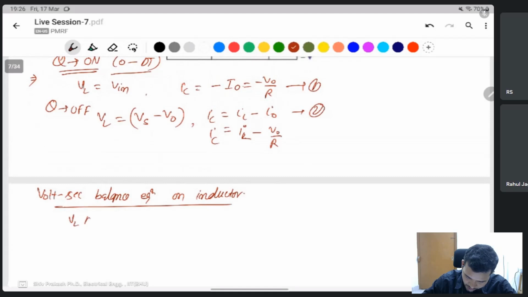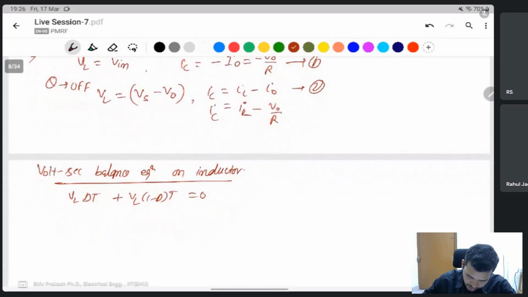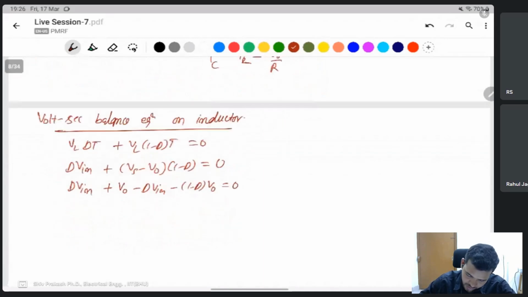So the inductor voltage in on time plus in off time is 0. The average of inductor voltage is 0. On time is V in, say D times V in, off time is Vs minus V naught times 1 minus D. Plus Vin times D minus 1 minus D times V naught equals 0.